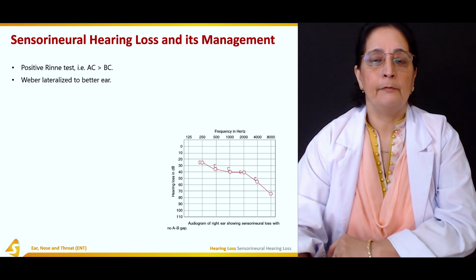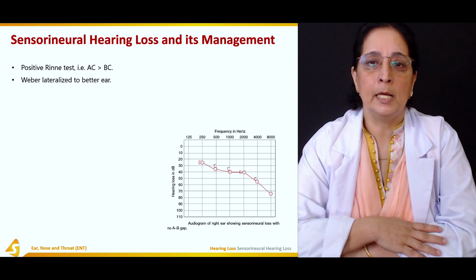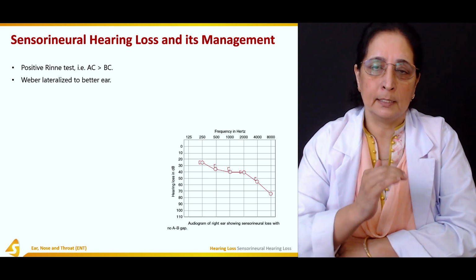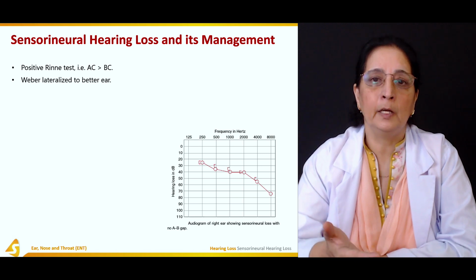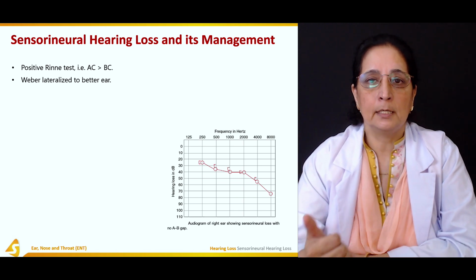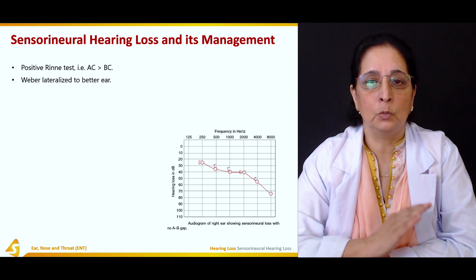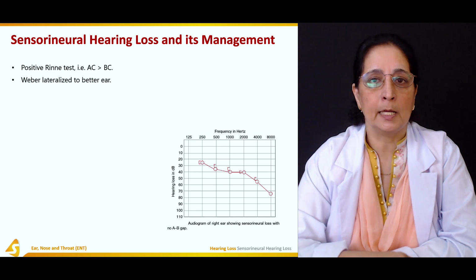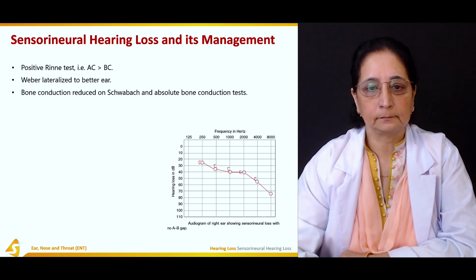In the Weber test, the sound is lateralized to the better ear. As compared to conductive hearing loss, in which the sound is lateralized to the affected ear, in this it's lateralized to the better ear.